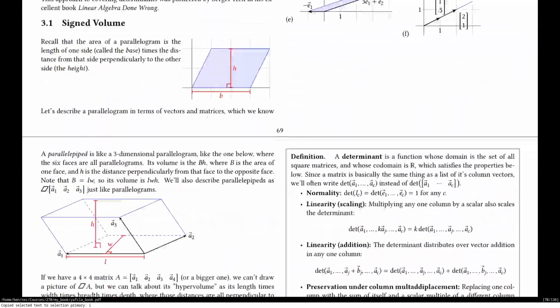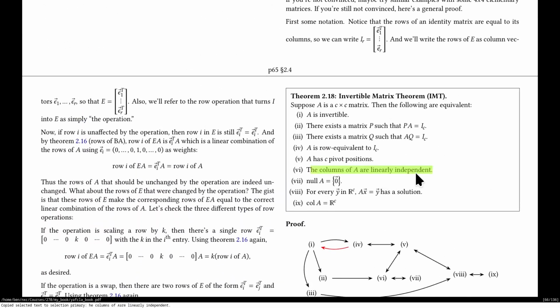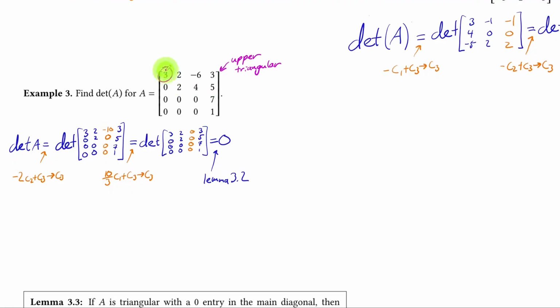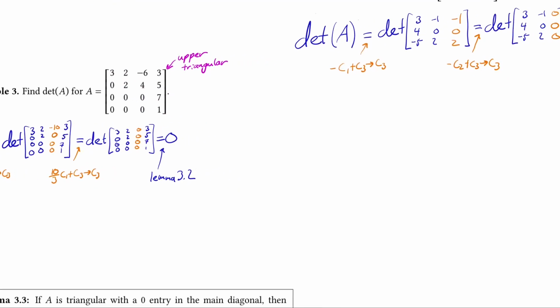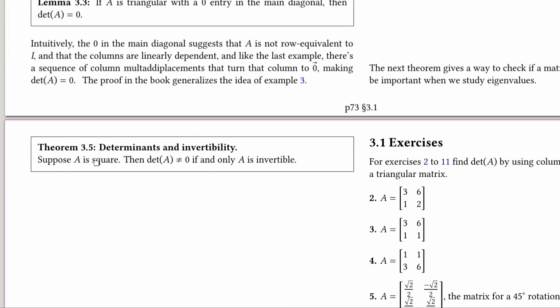And looking back at the invertible matrix theorem here, if you have linearly dependent columns, your matrix is not invertible. Likewise, example 3 was another situation where you have linearly dependent columns and this is a non-invertible matrix. There's no way to get this to be equivalent to the identity. And that also had determinant 0.